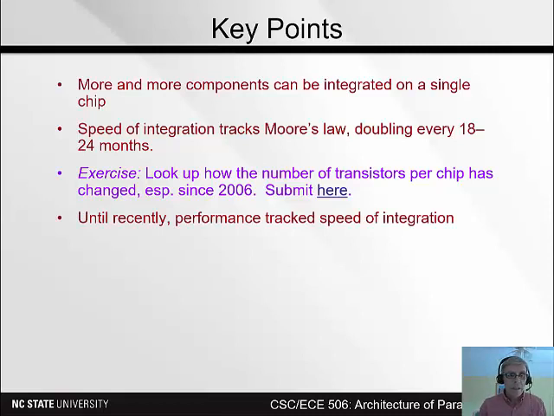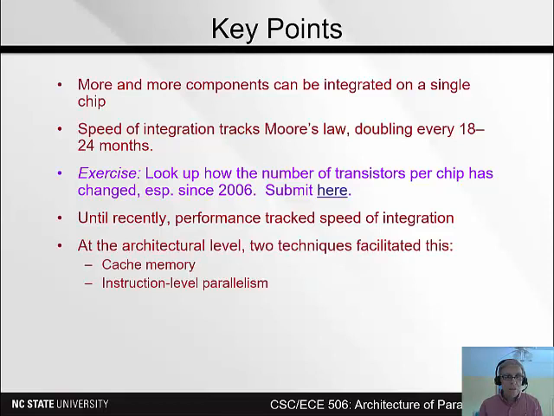Until recently, performance increased just as fast as the number of components on a chip, as the clock rate would continue to rise proportional to the number of transistors. Two architectural techniques supported this. First of all, caches, which were an active area of research in the 1970s and 1980s.